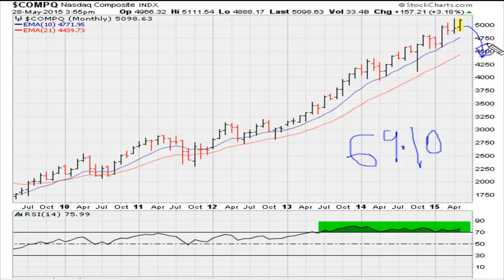But to me, that's the fundamental flaw in that purchase of SQQQ, because you are going against the major natural trend, which is for this instrument to continue moving higher.